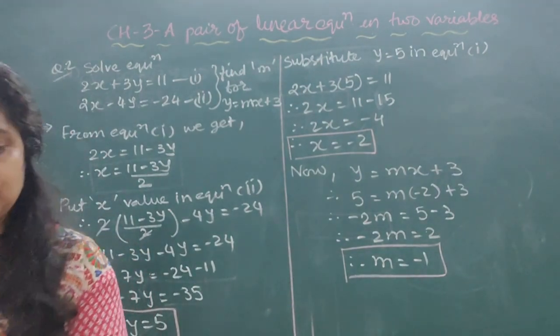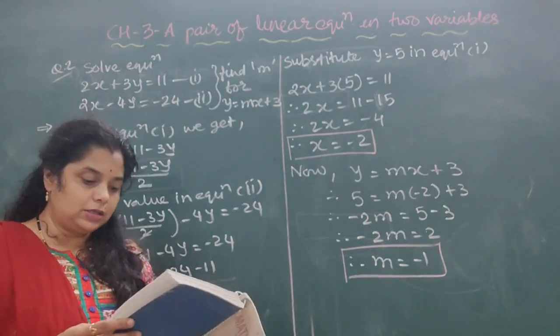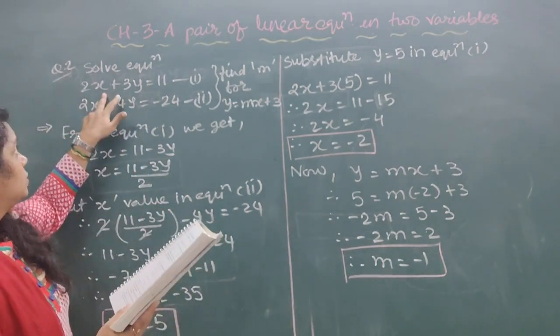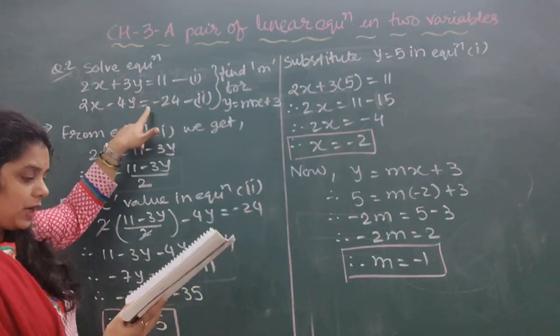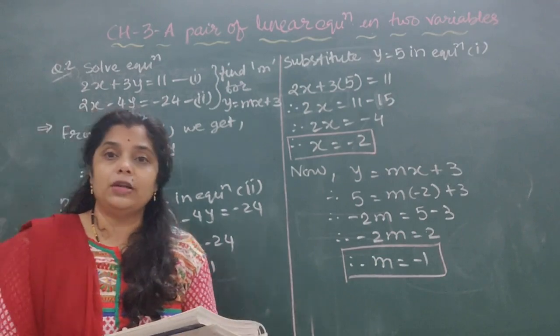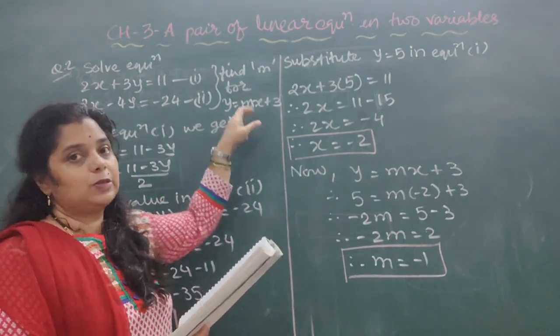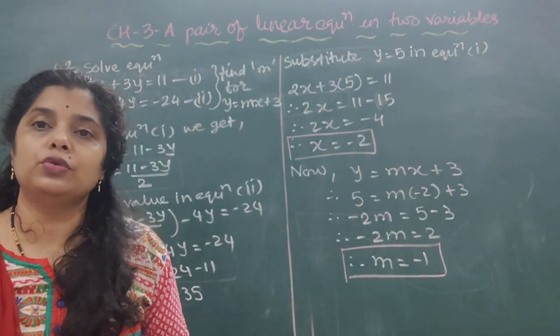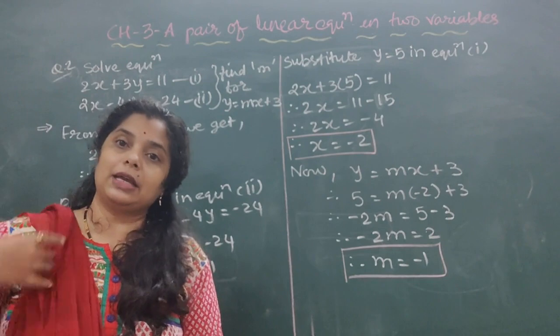In the second question, it is given: solve 2x plus 3y is equal to 11, and 2x minus 4y is equal to minus 24, and hence find the value of m for y is equal to mx plus 3. Here we have to do one more step after finding the values of x and y.